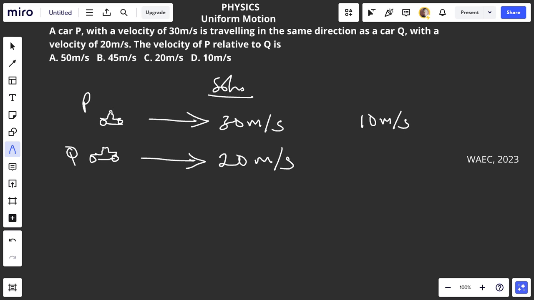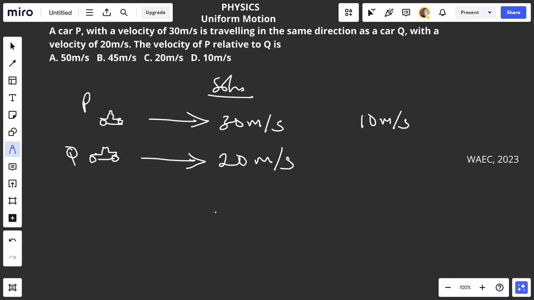And someone who is in P looking at Q will see it as if Q is not moving, because they are moving at the same speed in the same direction. But since car P is slightly greater than Q, someone who is in Q will only see P as moving with the velocity of 10 meters per second.